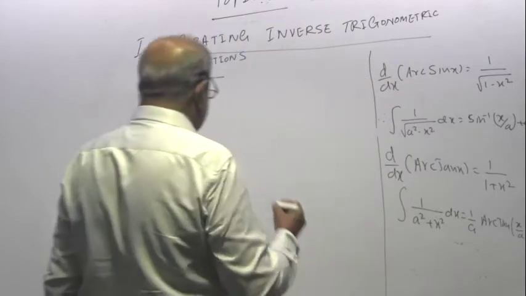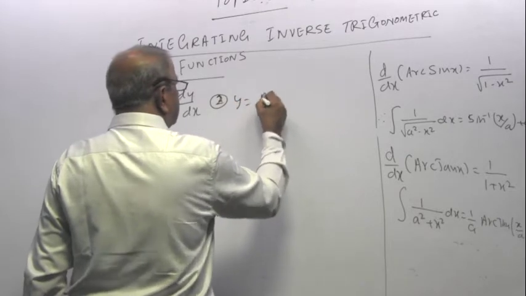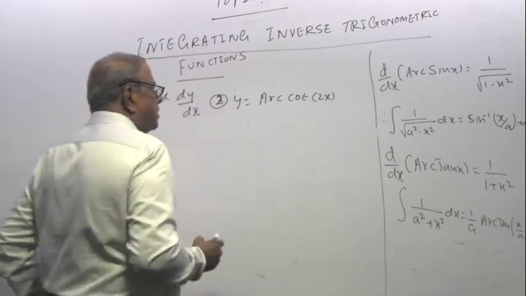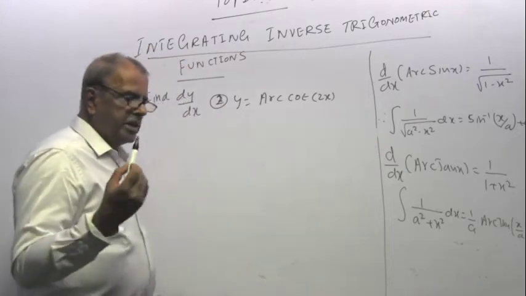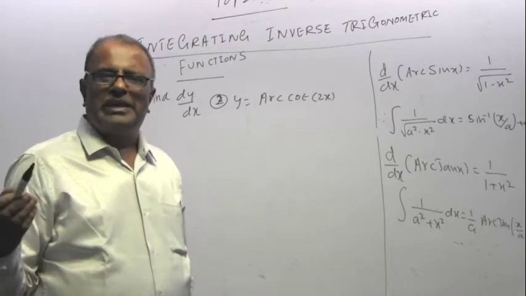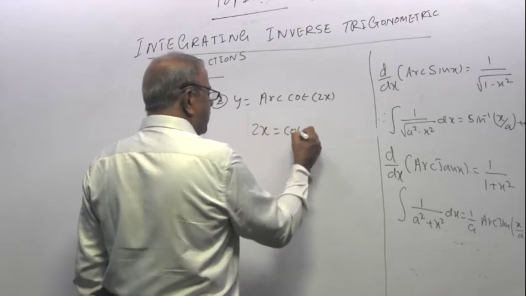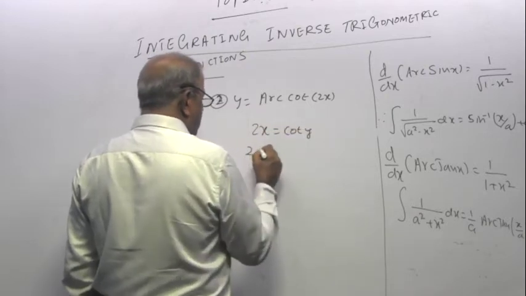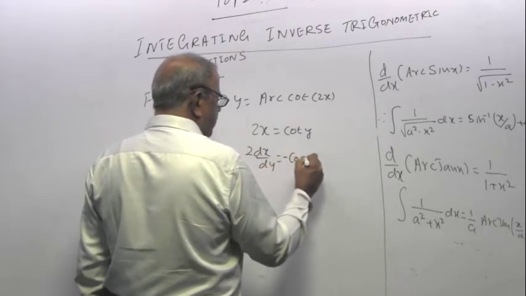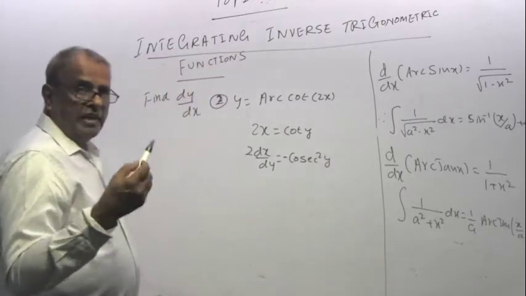Arc cot x. Let's make it 2x. Now, there is no standard formula for cot 2x and I don't want to overburden you with 10,000 formulae. So from this, can you say 2x equals cot y? So 2 dx by dy equals minus cosec squared y. But I want the answer in terms of x.